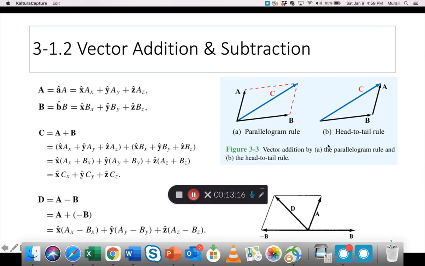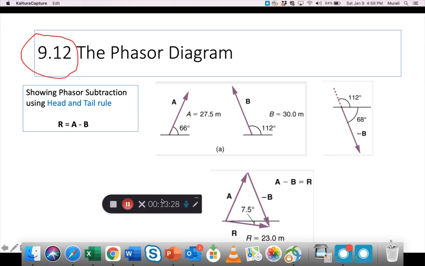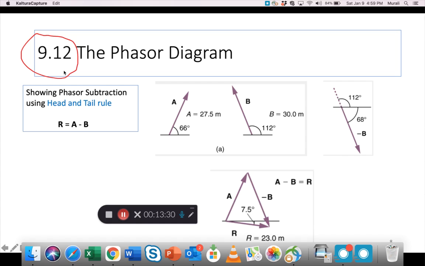So you can do it graphically using the parallelogram rule or the head to tail rule. I won't go too deeply into that. This is a slide I just took from my own presentation from EE 188.